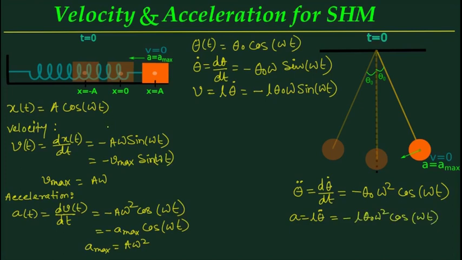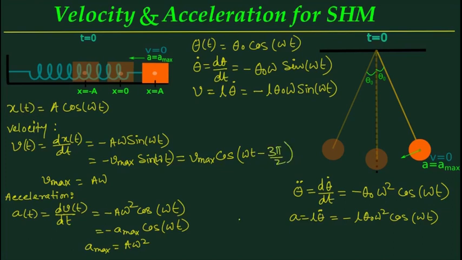Now, in order to compare how the phases of the displacement, velocity and acceleration are related, we may express the sine function as a cosine function so that we can compare it. So we may write it as v max cosine of omega t minus 3 pi by 2.